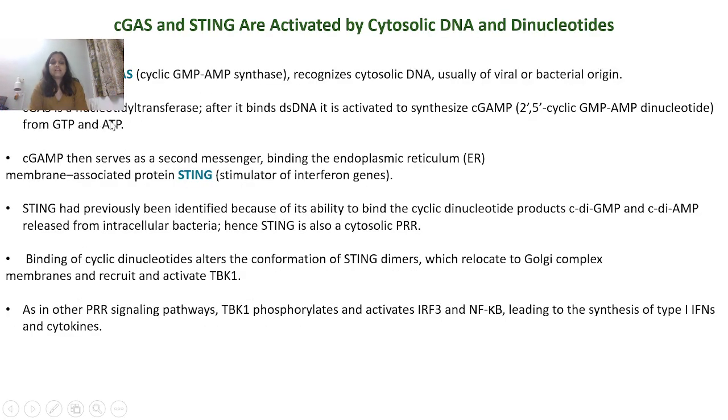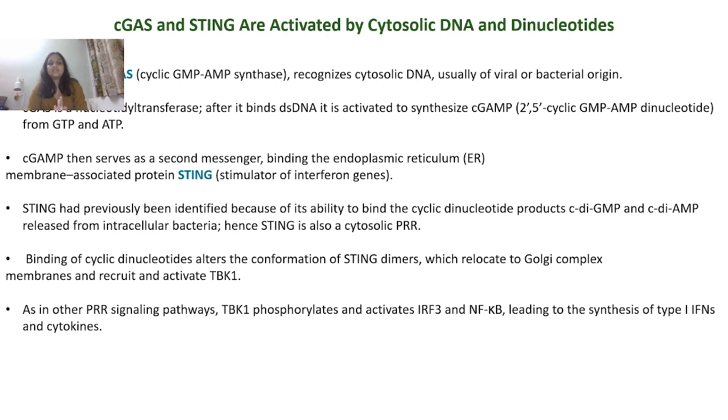cGAS is basically a nucleotidyl transferase. That is, after it binds to double-stranded DNA, it is activated to synthesize a molecule cGAMP from GTP and ATP. It is modified into the cGAMP molecule.